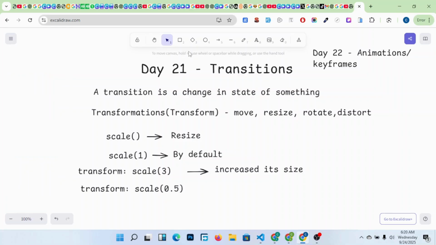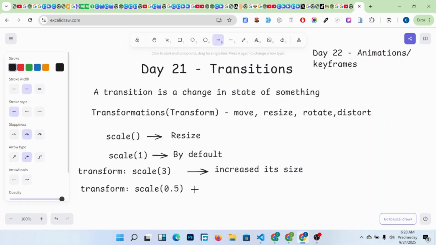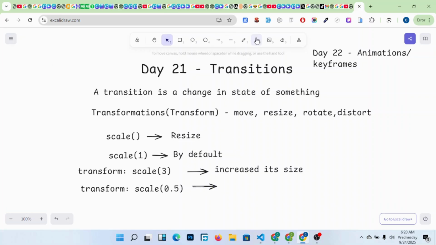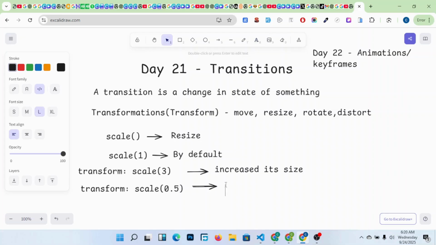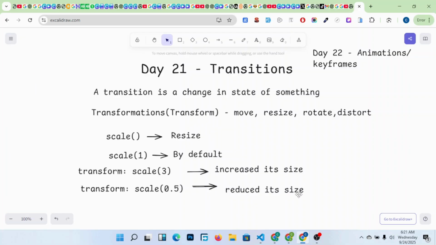If by default it is 1, then scale 0.5 means you have lowered it down. You have reduced its size. This is what it means.